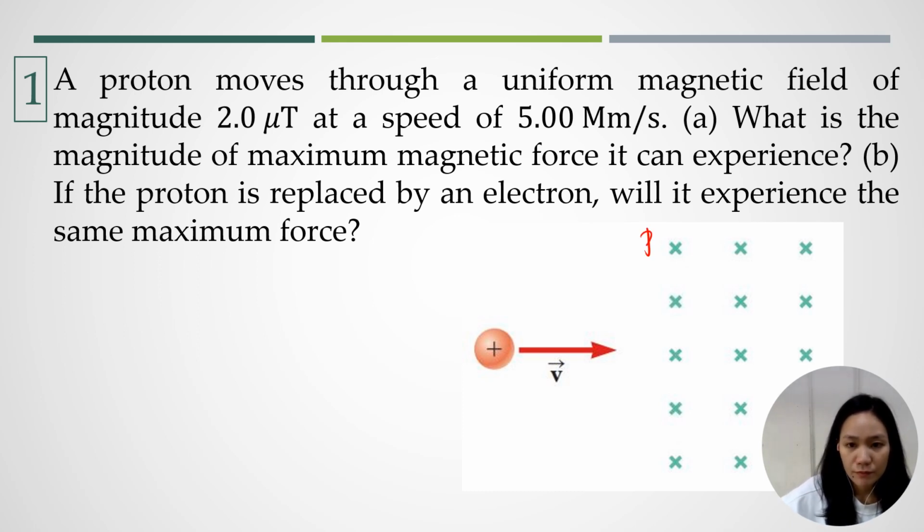Now, if the particle is moving to the right, what do you think is the direction of the magnetic force on the particle? The answer is upward. So the particle will be pushed upward by a magnetic force, causing its trajectory to change and travel a curved path.